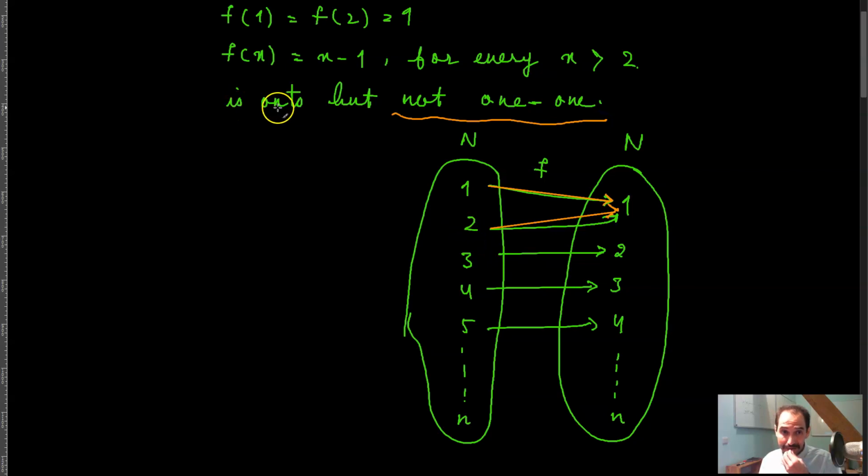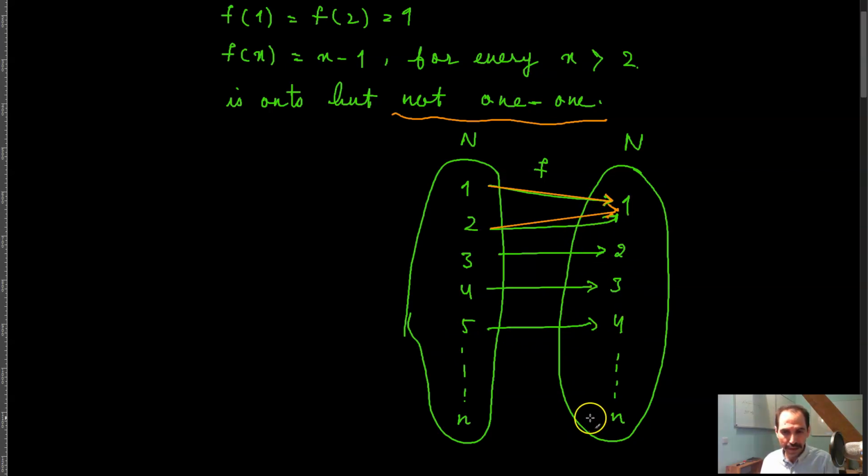Now this is onto, because as you can see, as this shows, 3 is mapped to 2, 4 is mapped to 3, 5 is mapped to 4, 6 is mapped to 5, and so on and so forth.